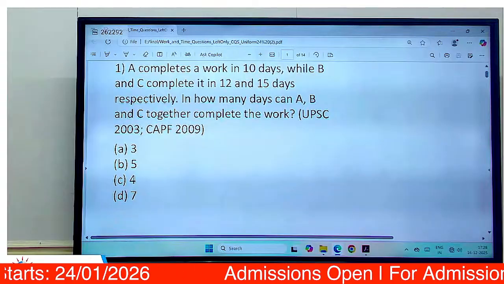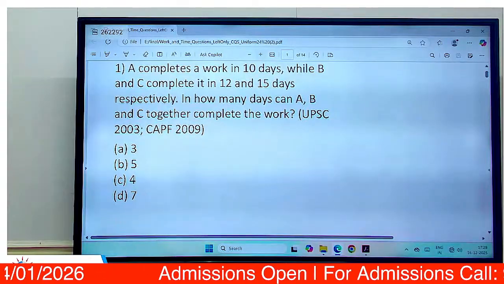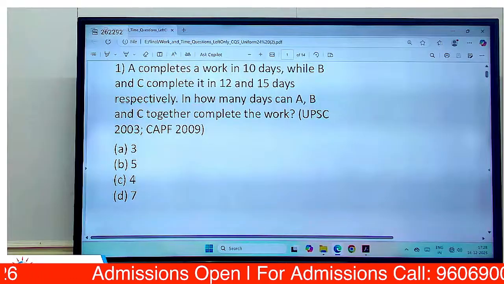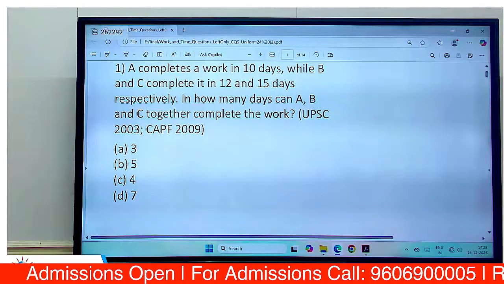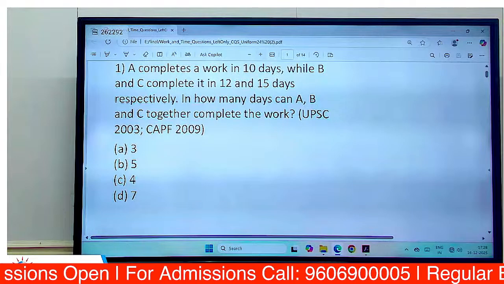In how many days can they together do it? Same thing, 10, 12, 15. Take LCM, find the total work, then the efficiencies of all three of them.